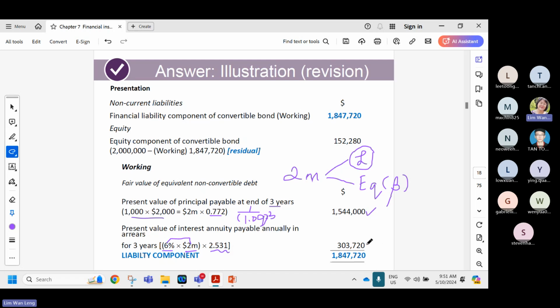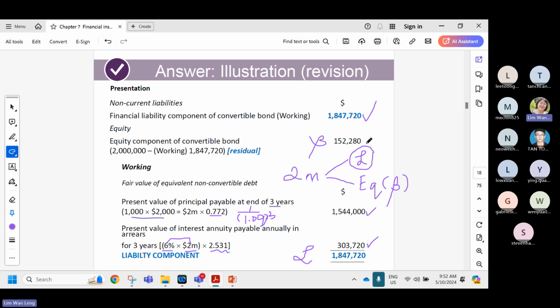When you multiply, you get the present value of the interest for all 3 years. The total of all these is your liability component: 1,847,720. The balance of the 2 million will be the equity.